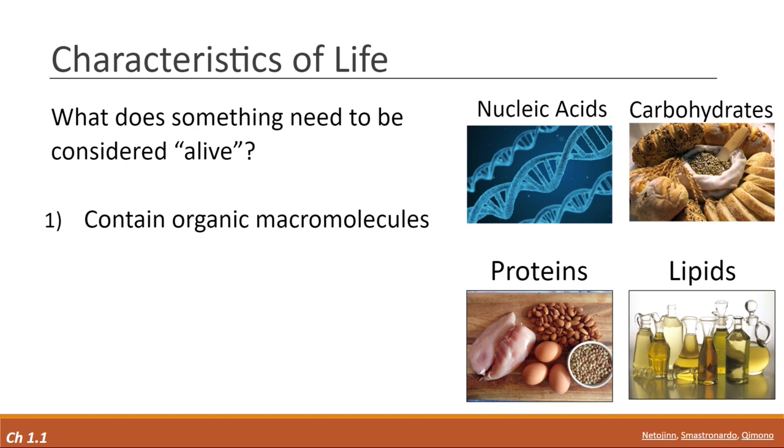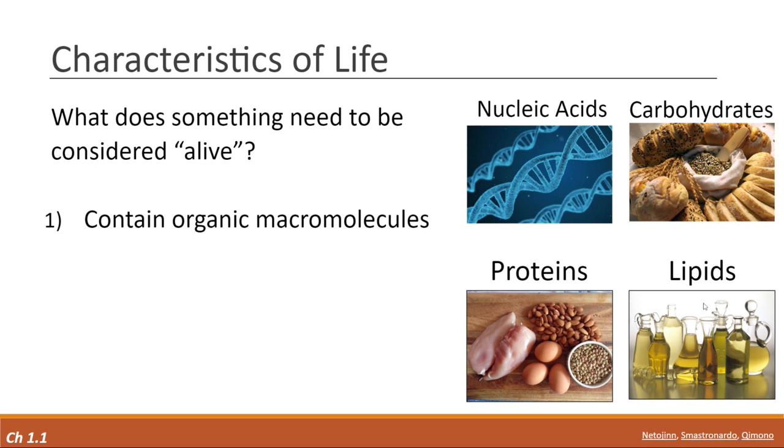And the first thing we're going to look at is that they contain organic macromolecules. So here we have, remember, our food molecules like carbohydrates built from simple sugars, our proteins built from amino acids, lipids, which come in a number of forms.